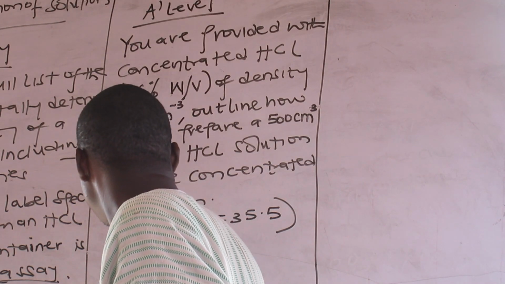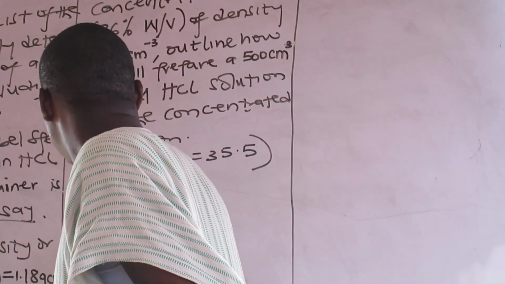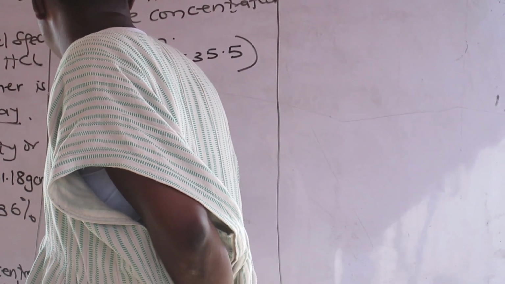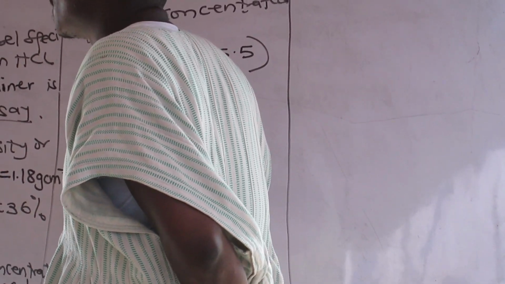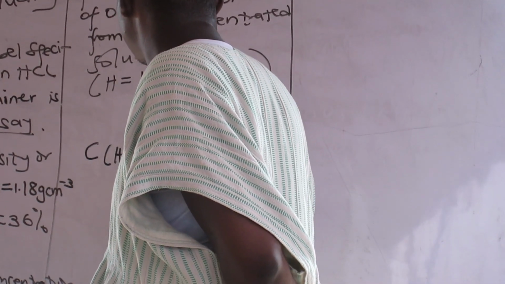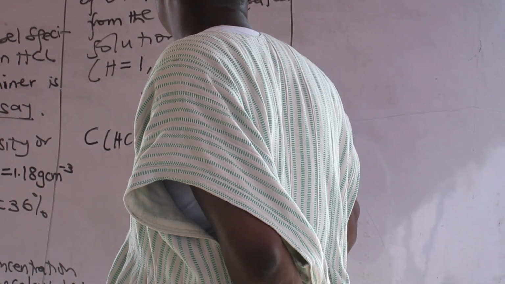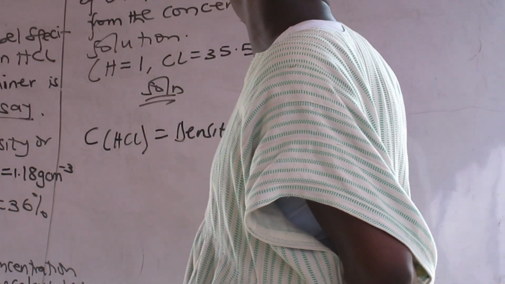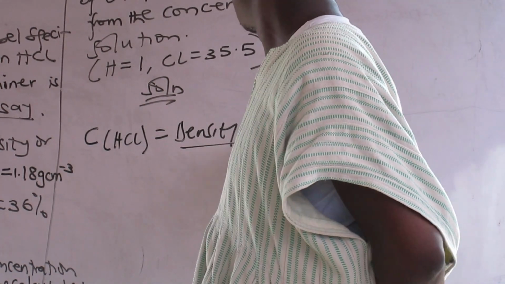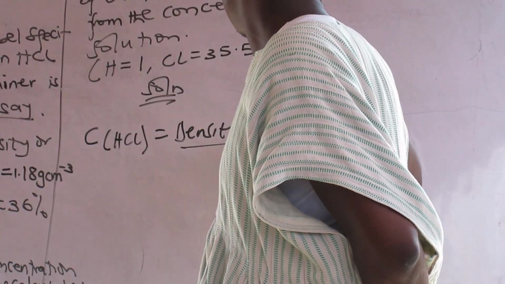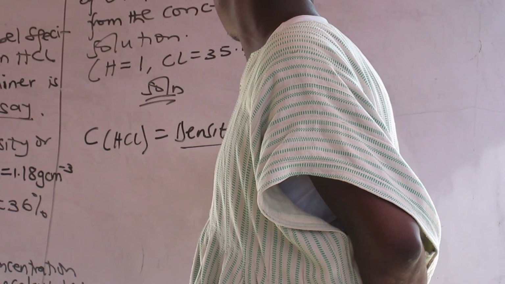Let's see. So I have the concentration of HCl. I'm going to use the density times percentage purity times 10. Always use this parameter. DP10.